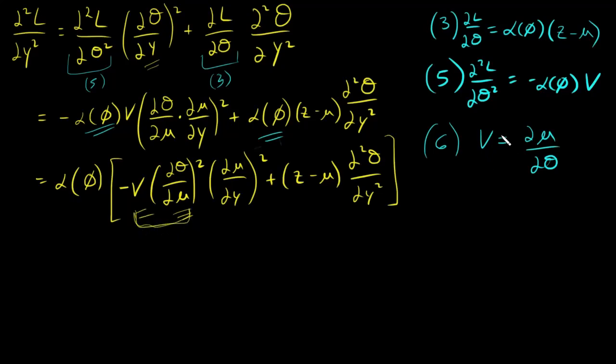Well, in equation 6, I have v equals d mu d theta. I can use an inverse property for derivatives and say that 1 over v is d theta d mu. All right. And I can plug this in for d theta d mu. So let's do that.